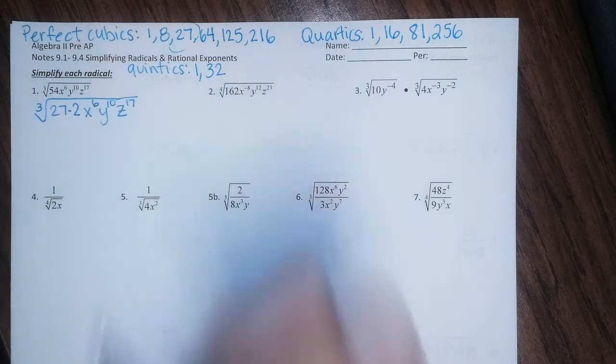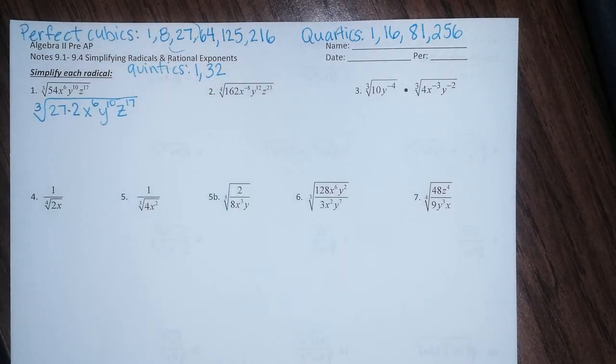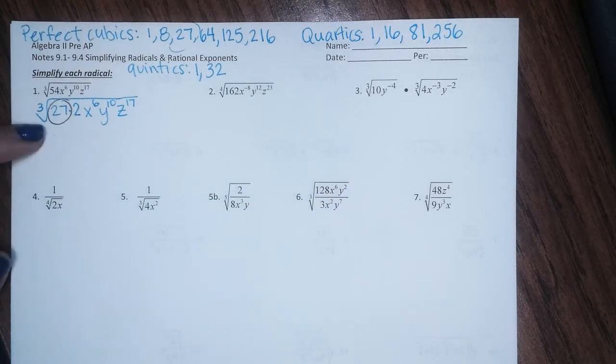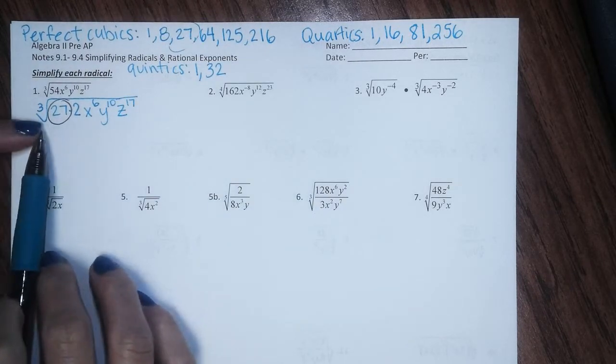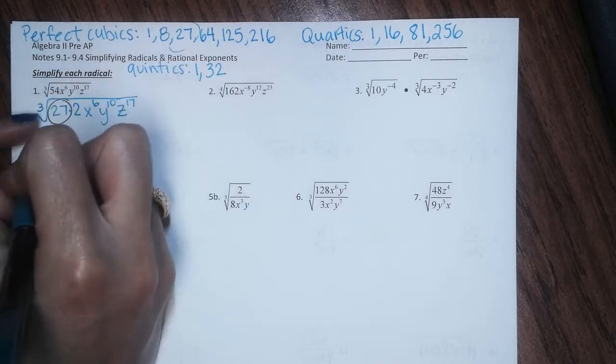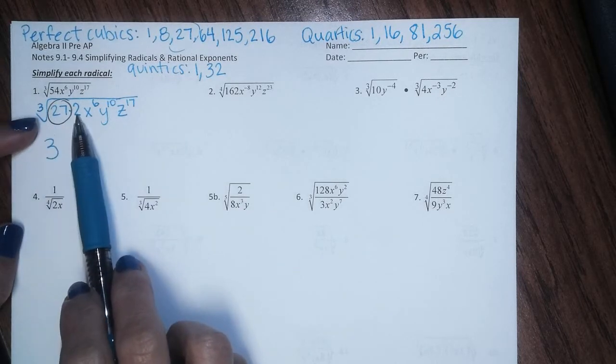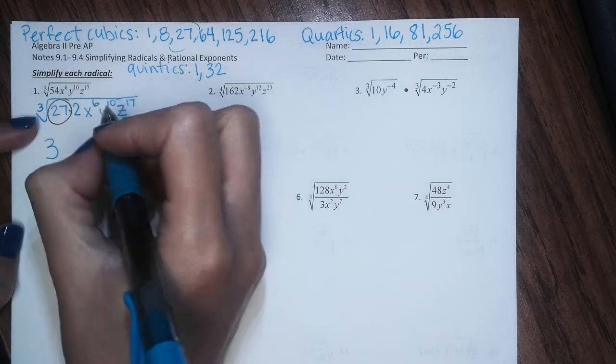Like I was saying, to simplify the cube root of 54, I broke it down into the cube root of 27 times 2, and now you should be able to simplify the cube root of 27. The cube root of 27, since it's a perfect cube, is just 3. The cube root of 2 cannot be simplified, so we're going to leave it as the cube root of 2.